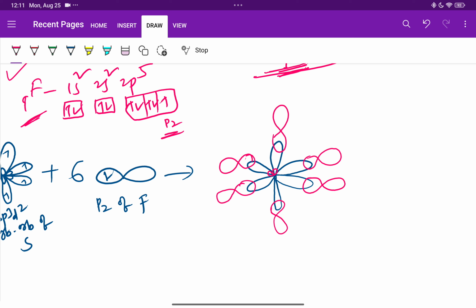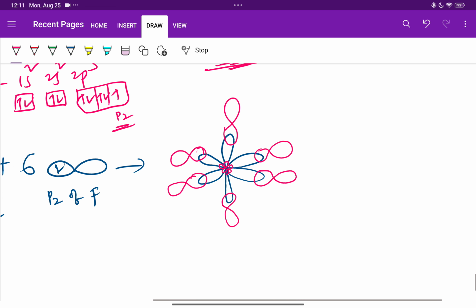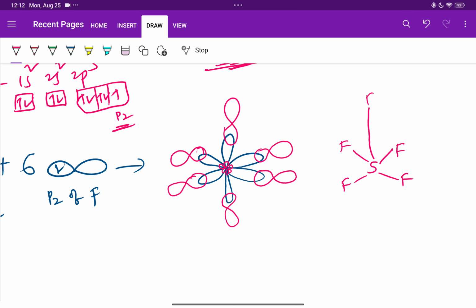So exactly it looks like sulfur, fluorine, fluorine, fluorine, fluorine, and here 2 fluorines are away, axial fluorines. So this is the octahedral shape of sulfur hexafluoride.